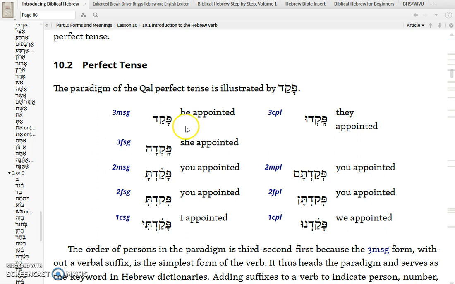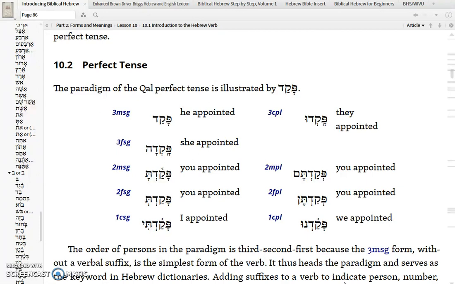So you have pakad, he appointed, pakdah, she appointed, pakadta, you appointed, pakadt, you feminine singular appointed. Notice that there's a second person masculine singular form and a separate second person feminine singular form. And then pakadti, I appointed, first common singular. And then you have pakdu, that's they appointed.